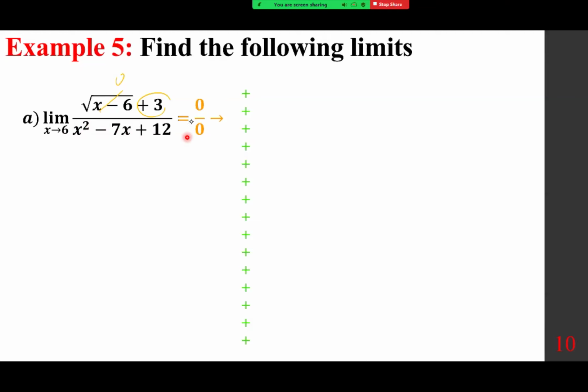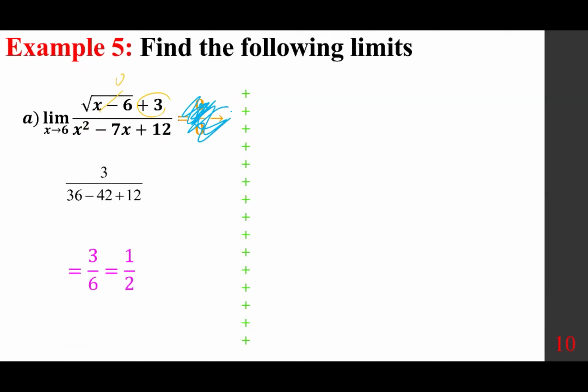That's what we have. This is a typo, everybody. And so we get this one. The numerator is 3, the denominator 36 minus 42 plus 12, they add up to 6, and that's 1/2. So you plug in, it works out, you're done.